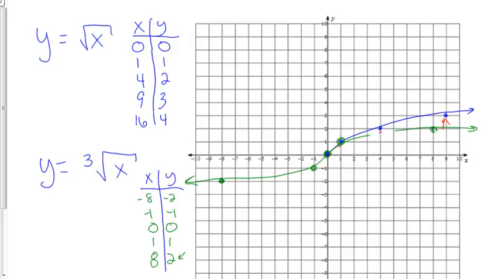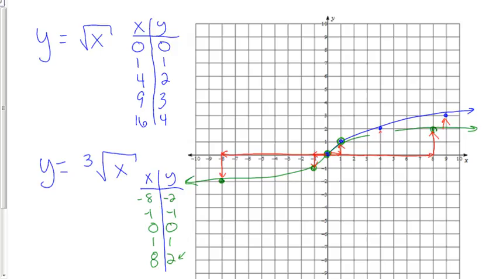The pattern that I'd like you to see for this is that we go over 1 and up 1. And starting from here, that next perfect cube was 8 and up 2. And notice that the cube roots also have 2 legs. So left 1, down 1, and then left 8 spots, down 1. So the perfect cubes and the perfect squares are really integral in how you are graphing these functions.